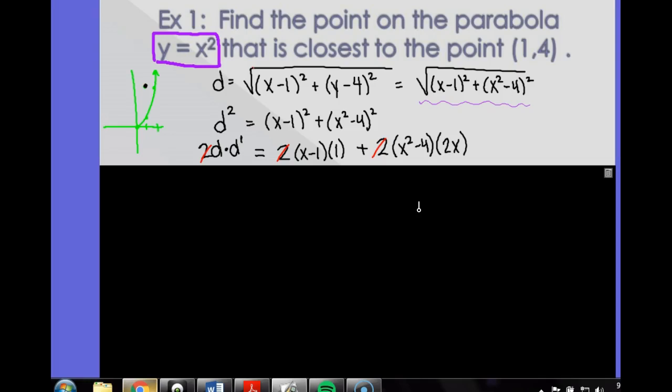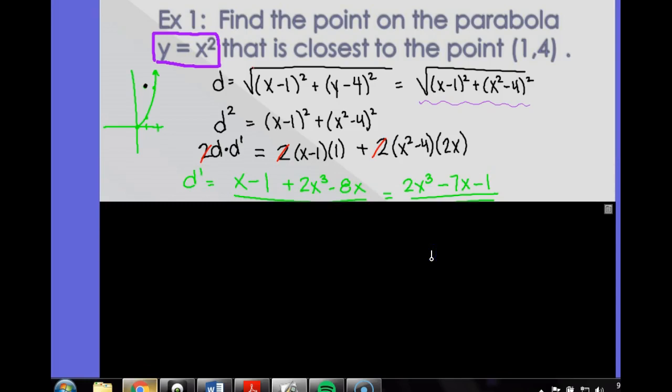So now we just need to clean this up algebraically. So you'll distribute your 2x. So you get x minus 1 plus 2x cubed minus 8x equals, and again combining like terms, 2x cubed minus 7x minus 1, which is what type of equation?